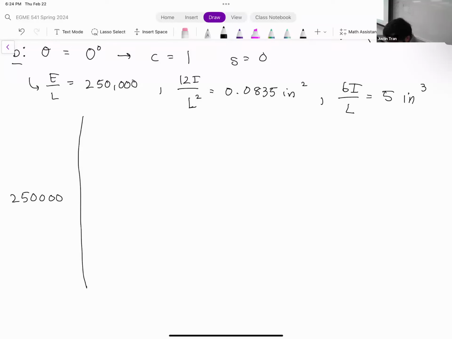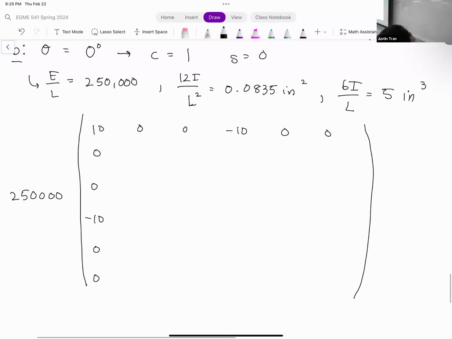For this first row, we have a 10, and then 0, 0, minus 10, 0, 0. I'm going to write this into the first column. So we have 0, 0, minus 10, 0, 0.